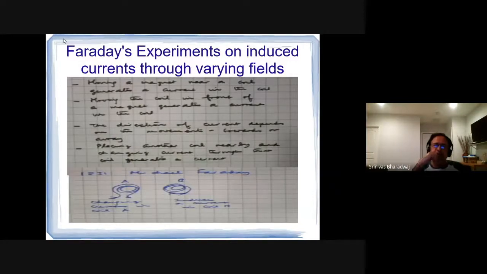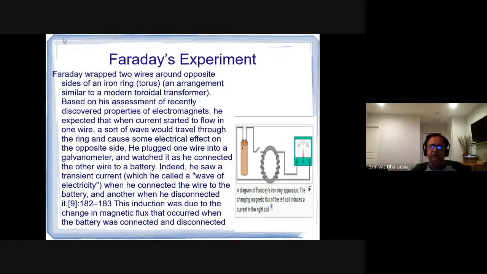So what he was saying is that there is a current induced in the second half of the circuit. In this part of the circuit, there is a current induced by a changing field. If you remember last class, we discussed the solenoid, right? There is a magnetic flux in the solenoid, or in this case, the toroid.